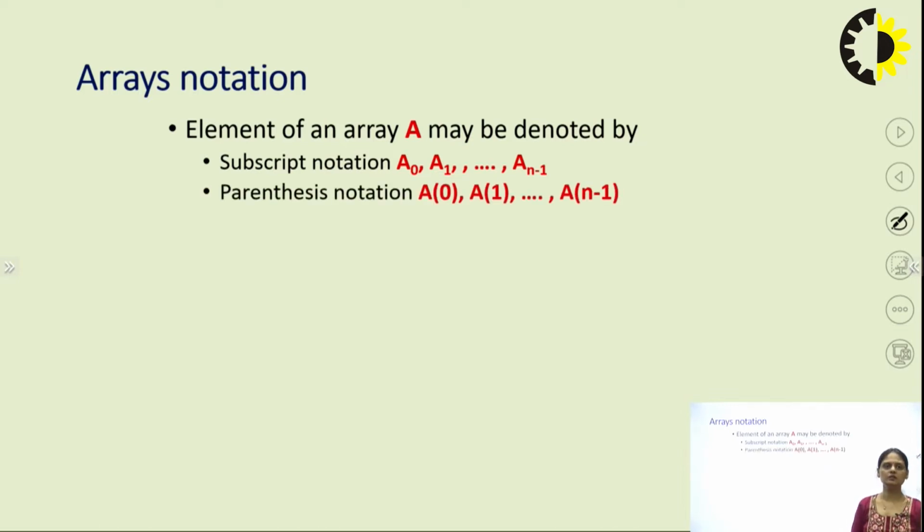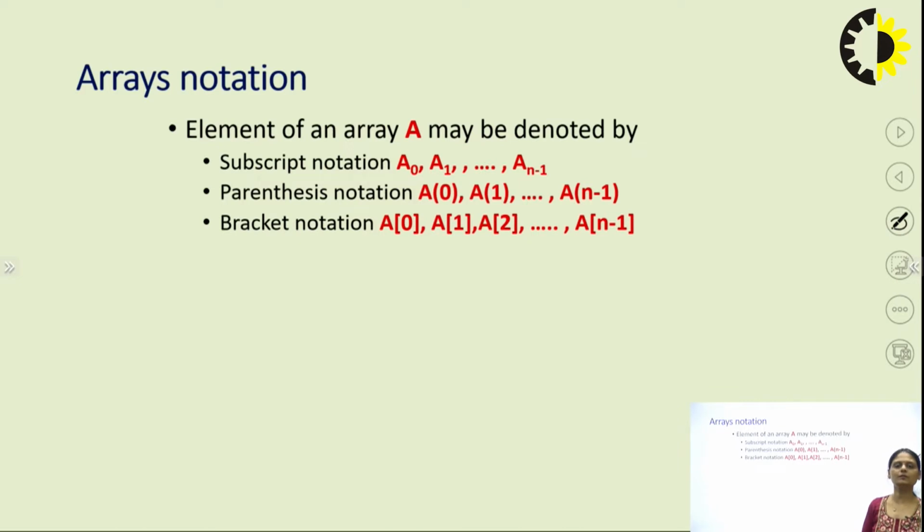Parenthesis notation: A(0), where 0 in parenthesis is the index number, 1 is the index number, up to n minus 1. So A(0), A(1) up to A(n minus 1). Similarly, bracket notation is also there. In bracket notation, we have A, then in the brackets the index numbers 0, 1, 2 up to n minus 1.